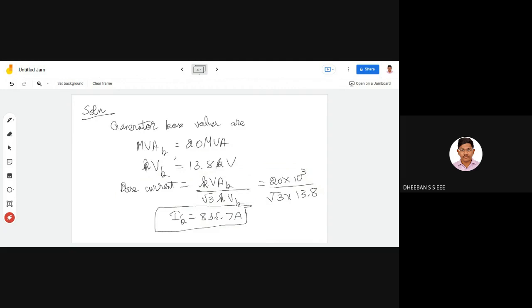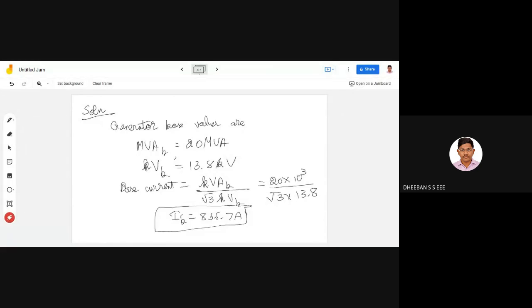Above that, your fuse will break. But just imagine at the source side how much current is generated over here. So the base current value is around 836.7 amps.